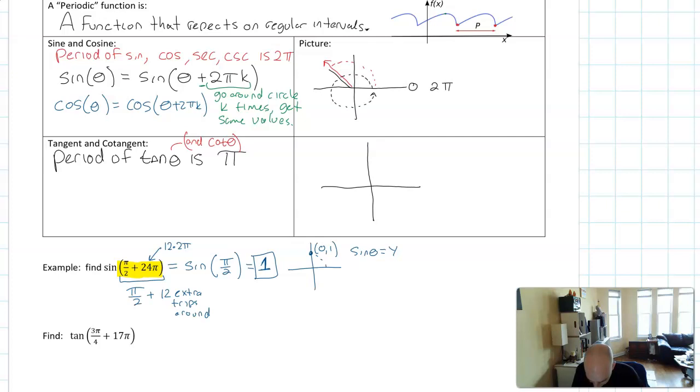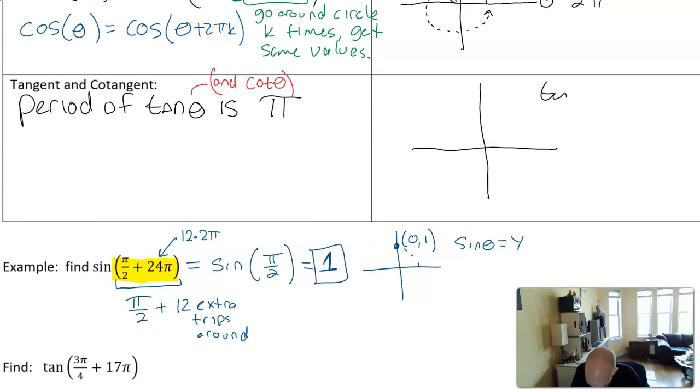Well, remember for tangent of x, in the first quadrant, tangent was positive, and in the second quadrant, tangent was negative, and in the third quadrant, tangent was positive, and in the fourth quadrant, tangent was negative.